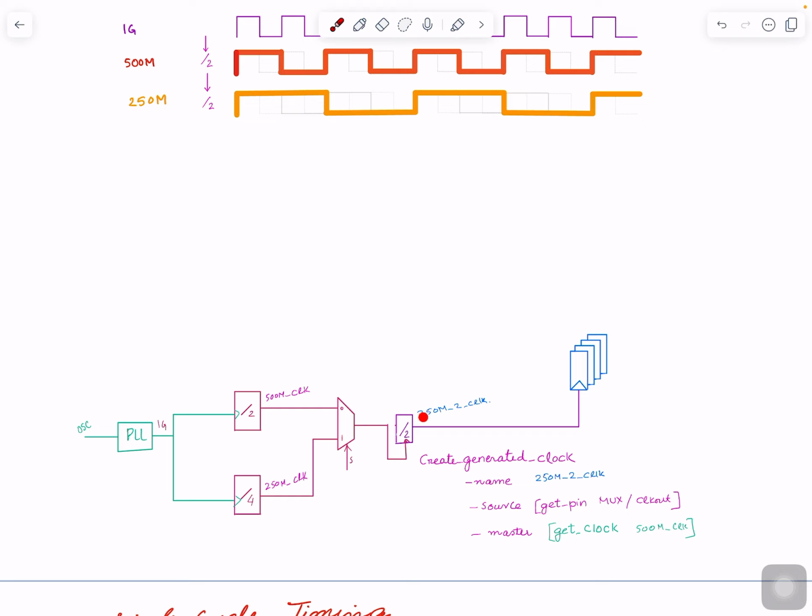So I'm just defining 250 megahertz and the second version of it. So what I do is I create generated clock dash name, this one, and source I'm defining, let's say here. There are different ways of doing it always. I mean, you can define clocks in very different ways. As long as those serve the purpose, you want to make sure you have this delay included and then this delay included.